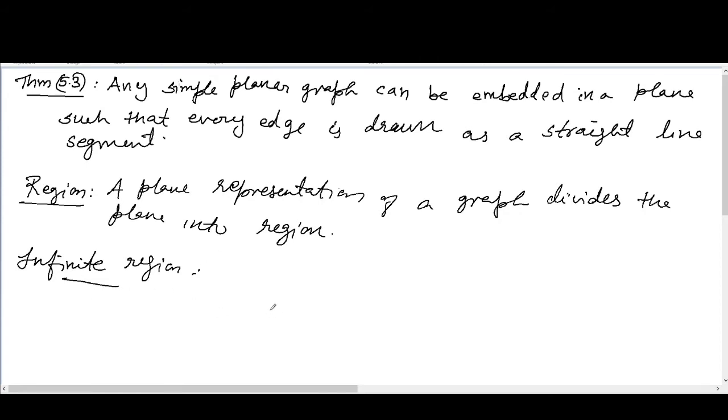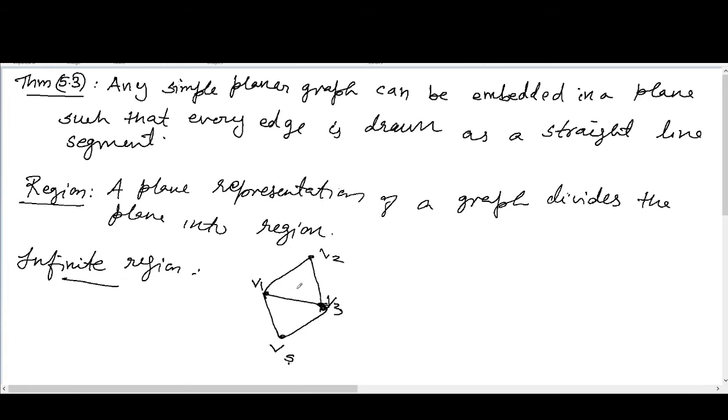Now, let us consider one example here. So, here we can mark the vertices as V1, V2, V3, V5. Here we mark V2 and join like this.